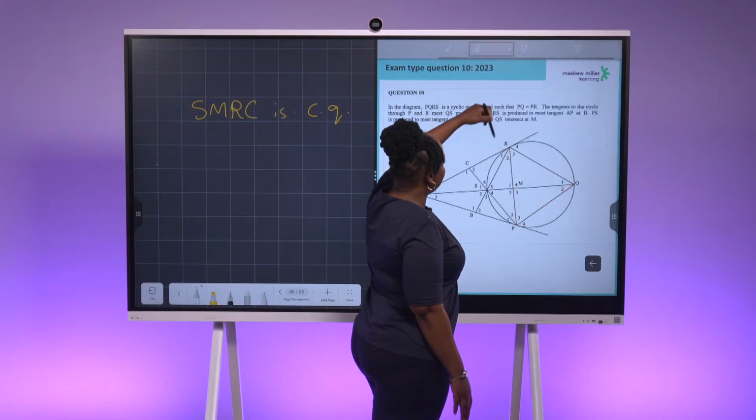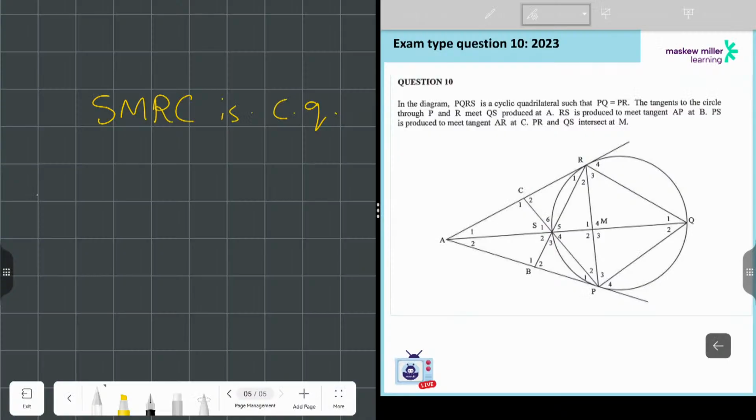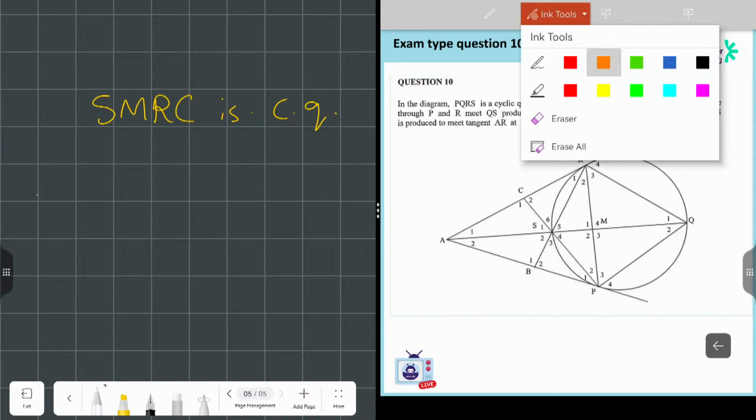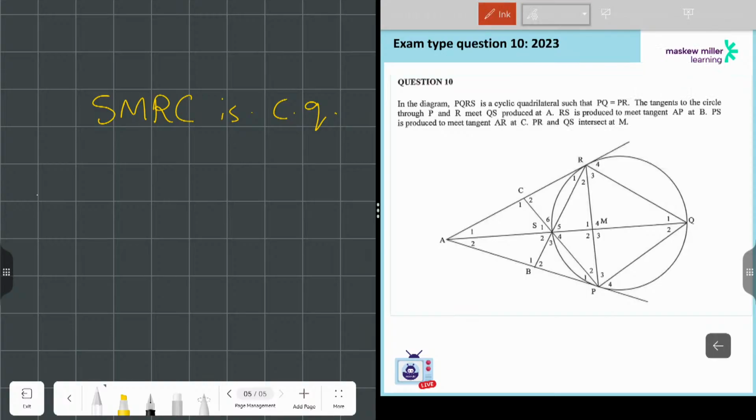Normally what I will do is I'll try to imagine myself having a circle around that particular shape that I'm talking about. So this is where S is, and that's where M is, and we have our R there and our C. So literally what I will do is just put my imaginary circle like that.